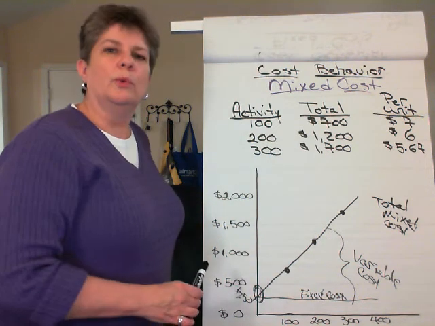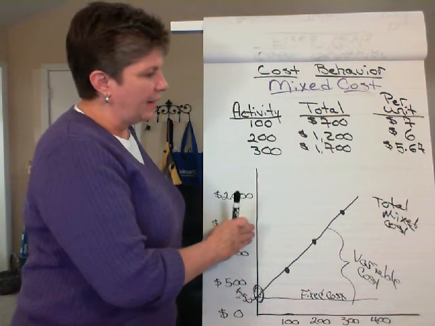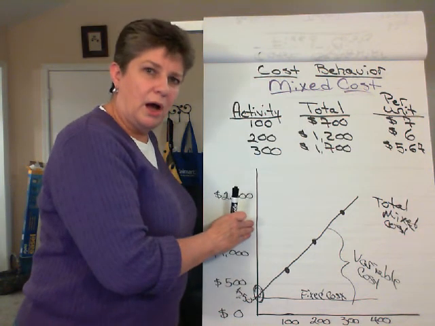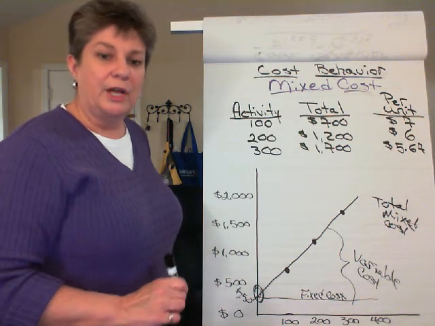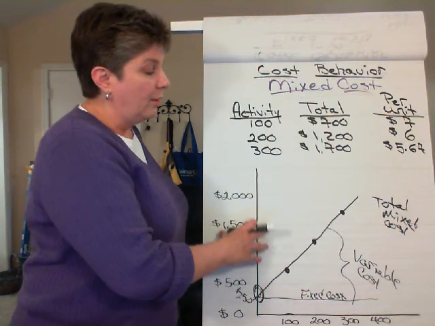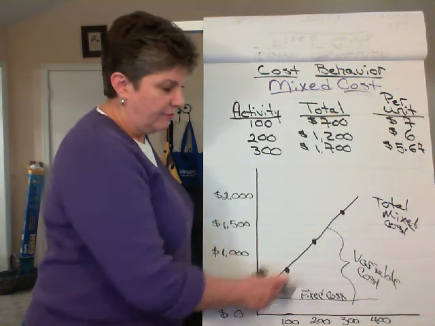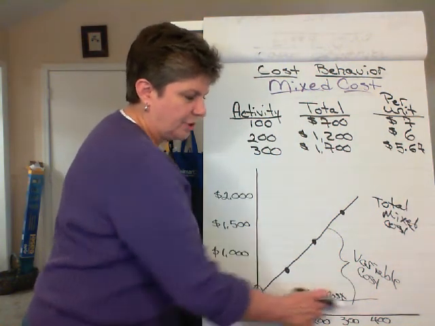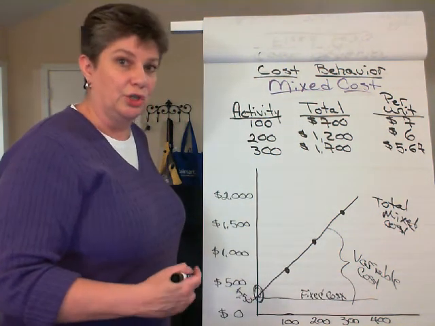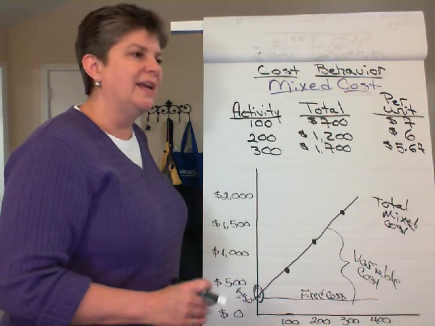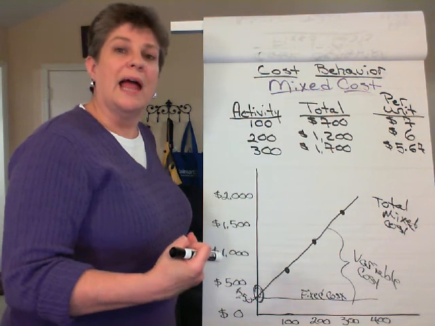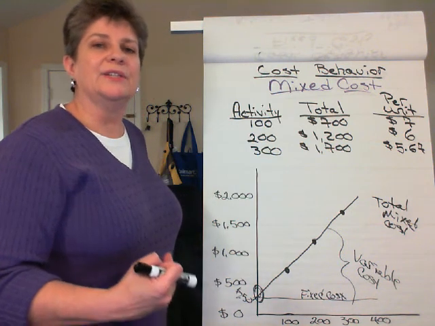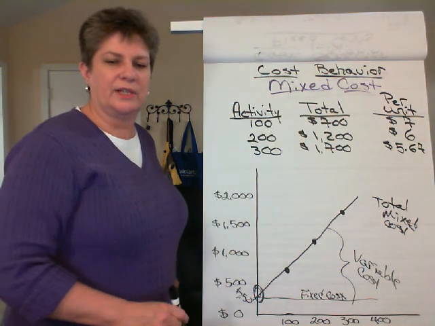So the next thing that we're going to look at is separating this mixed cost into its fixed and variable components, because until we know how much of this mixed cost is variable per unit and how much is fixed cost that will not change in total as activity changes, then we cannot accurately predict how cost will behave as activity changes. So that's the next thing we're going to do.